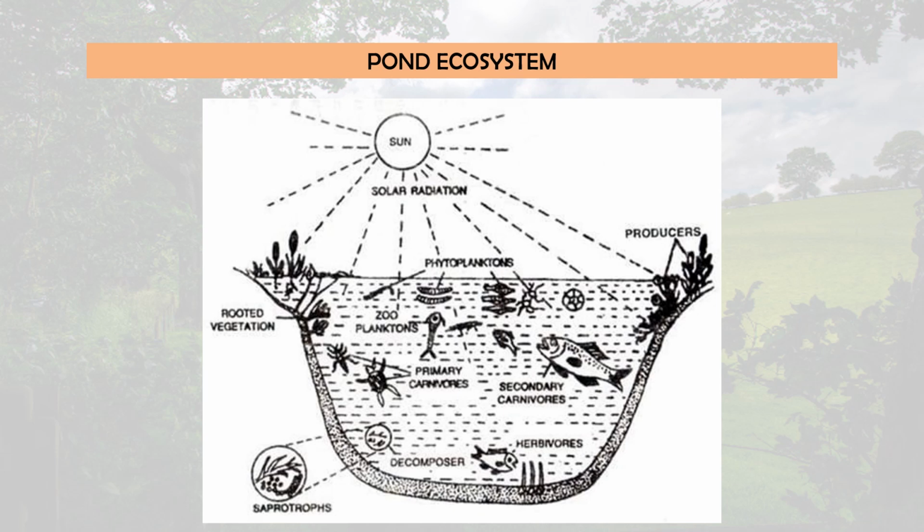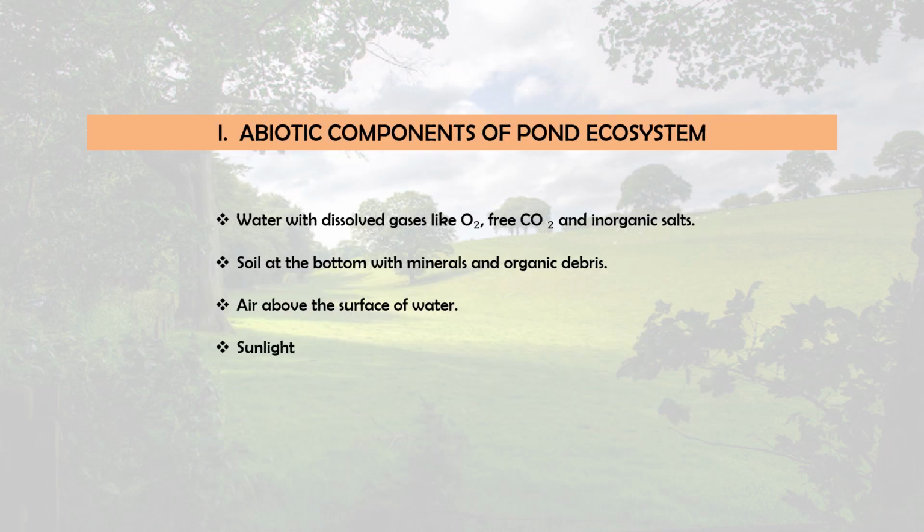So some abiotic components of pond ecosystem consist of water, with gases like dissolved oxygen or free carbon dioxide, some inorganic salts like phosphates, nitrates, chlorides, and some organic compounds such as amino acids, humic acid, etc. And the next abiotic component is soil, which is present at the bottom with its minerals and organic debris.